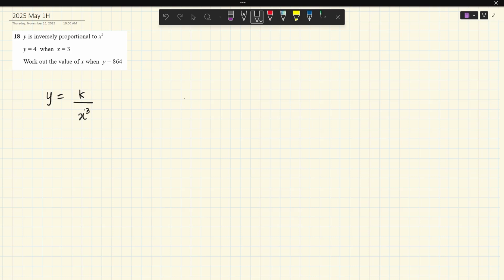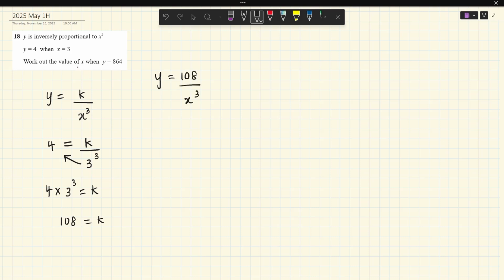Then we can substitute y equals 4 and x equals 3, that means 3 to the power 3. Then we can cross multiply. That is 4 times 3 to the power 3 equals k. 4 times 3 to the power 3 gives 108 equals k. Now we can write the formula: y equals 108 over x to the power 3.